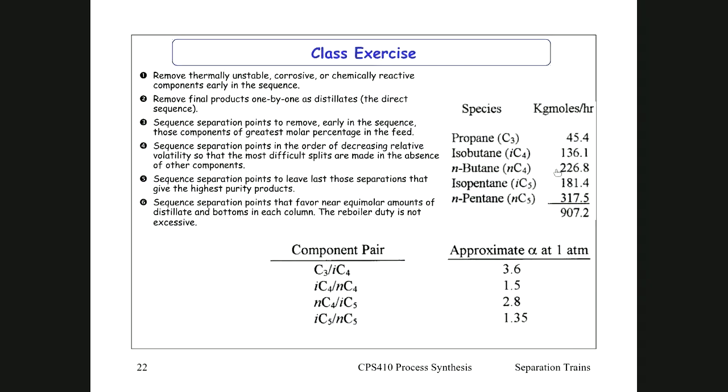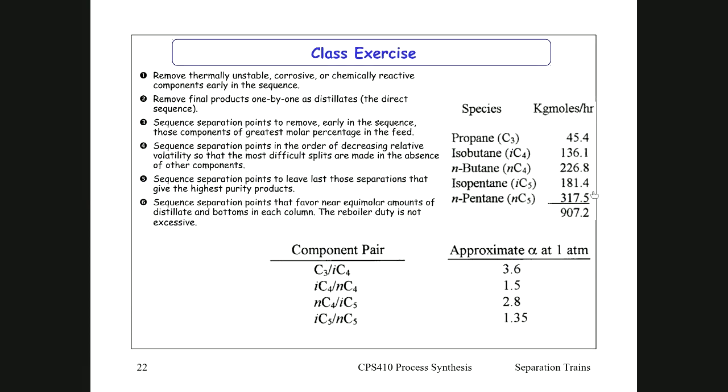The highest one is N-pentane. So it is. So doing that separation is more to do with heuristic 6 than heuristic 4. But it does help because, yes, if you wanted to remove N-pentane first, then it's a difficult split.